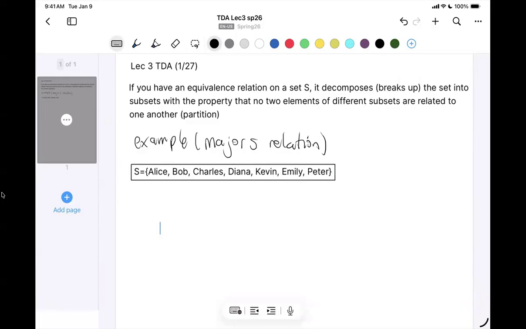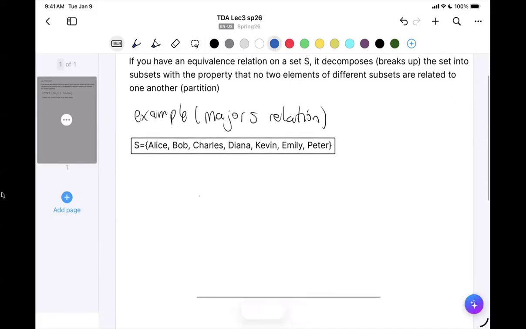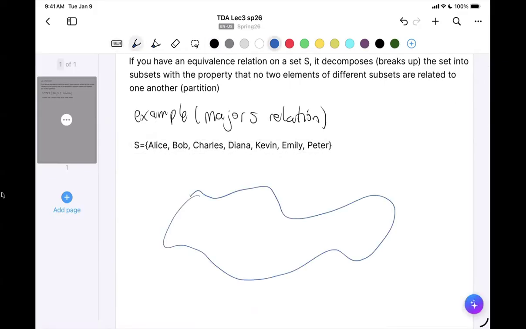In this case, that's easier for me to draw the picture. If you're relating them when they have the same major, because that's an equivalence relation, you can think of it like the Venn diagrams for a set, where you're breaking up the set into regions or clusters.